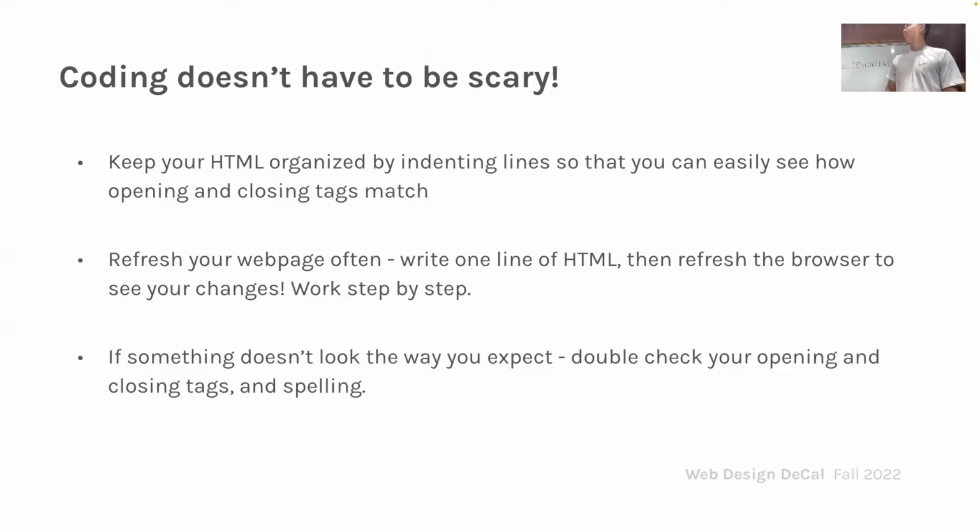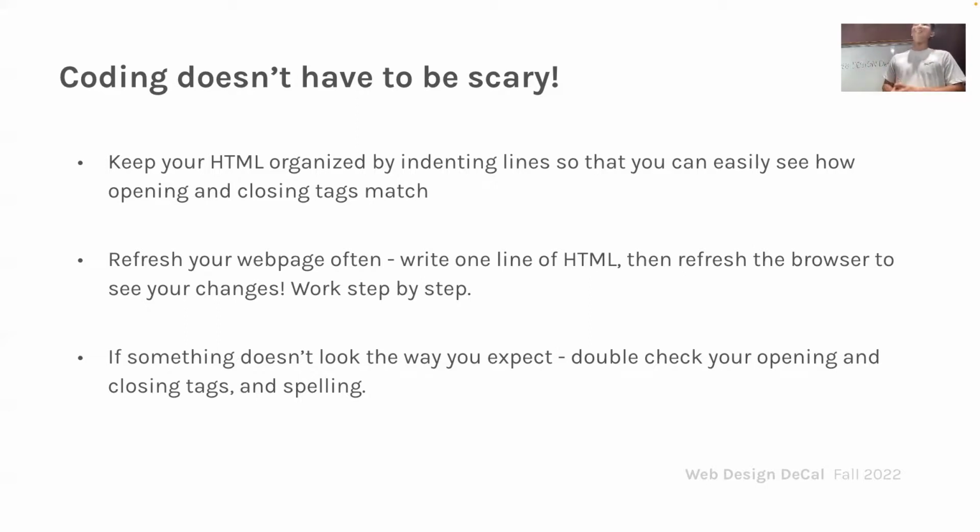Yeah, so some tips and tricks, just indent your code like you've seen in the previous slides so that the HTML is still readable, because if you can't see the indentations, the opening and closing tags are hard to see where they match. Also, when you're editing a website, like in your VS Code, once you make a change, save the file. Please save the file.